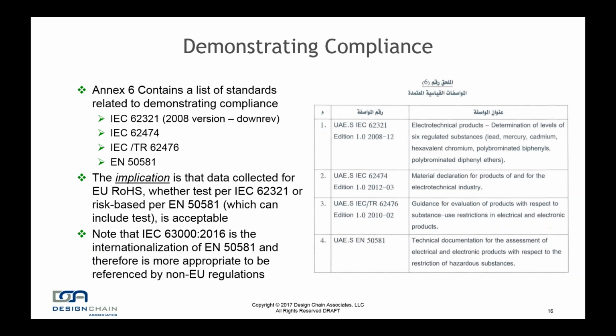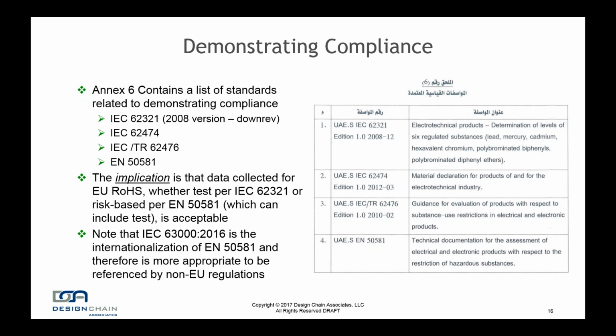Demonstrating compliance, Annex 6 contains a list of standards related to demonstrating compliance. As you can see on the right, we have 62321, although it's a down-rev version of that. 62321 has been split into a series of sub-standards, each dealing with a different aspect of a different substance. 62474, that is the current version.